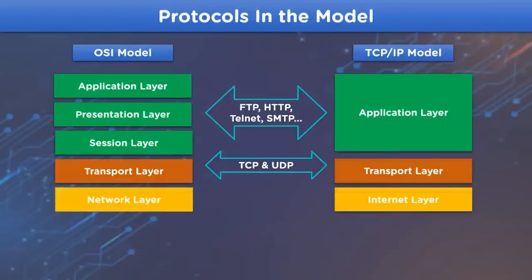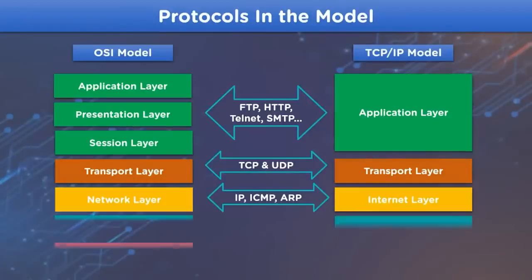Moving on, we have the network layer from the OSI model, which refers to the internet layer in the TCP/IP model, which applies protocols such as IP, Internet Protocol, ICMP, Internet Control Message Protocol, and ARP, Address Resolution Protocol.